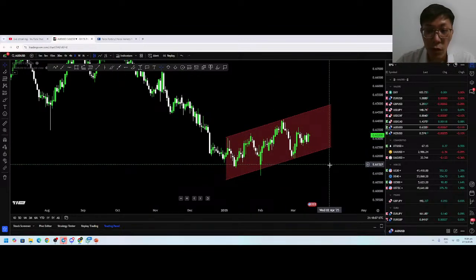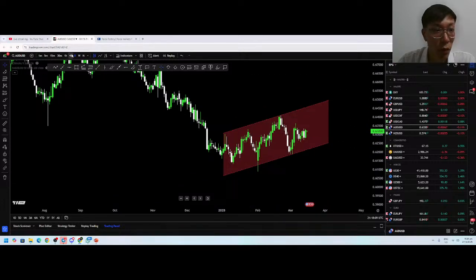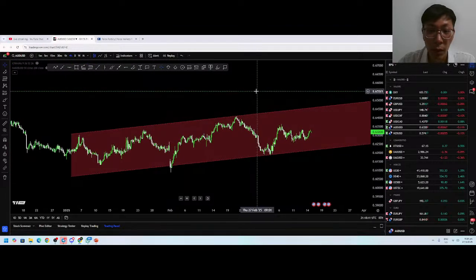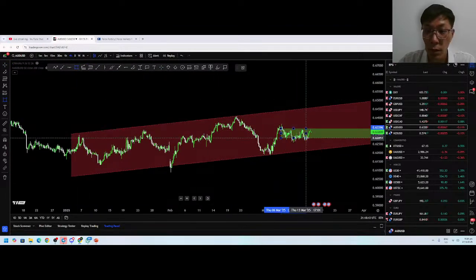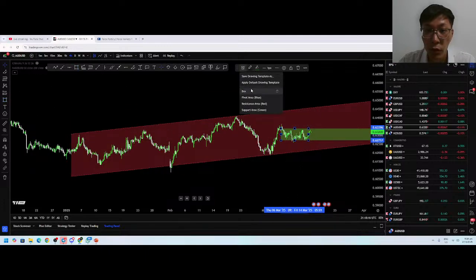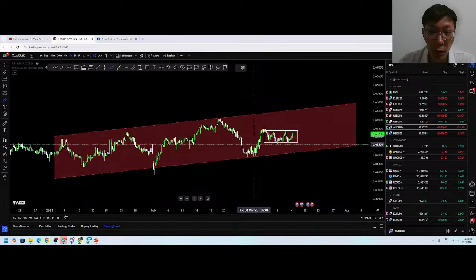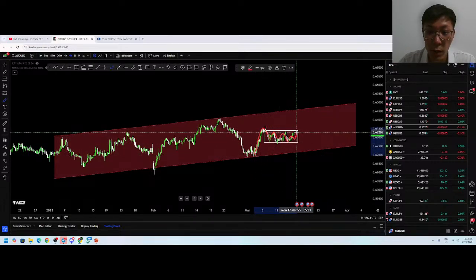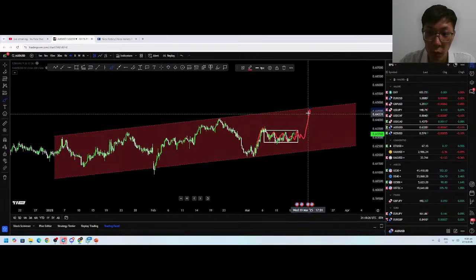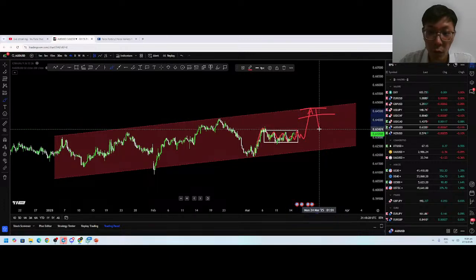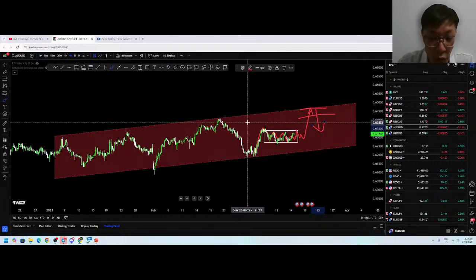All right, so if you go to H4, you can see that price, wait, let me draw out. Yeah, you can see that price is doing uptrend consolidation. What's next? Possible uptrend upwards to this level before we can look for other sell opportunities.